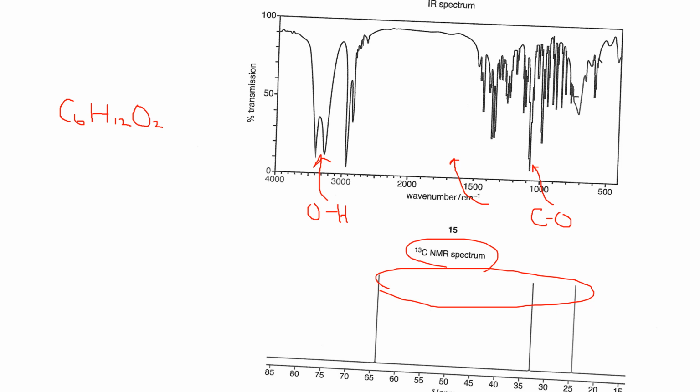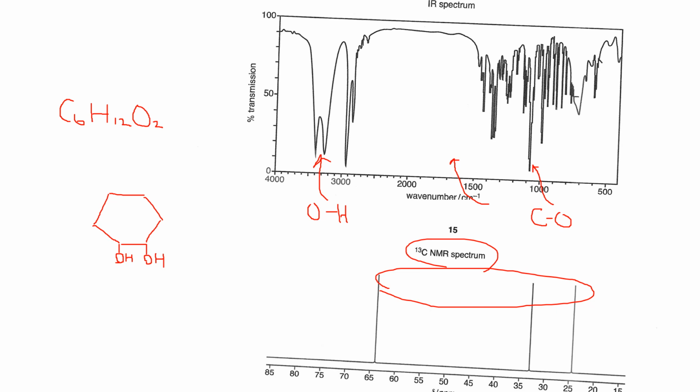Let me draw this ring containing 6 carbons. So we have this cyclohexane, and because there are 2 oxygen atoms, it should have 2 OH groups present. Let's try this first, with the OH groups maybe on adjacent sides.